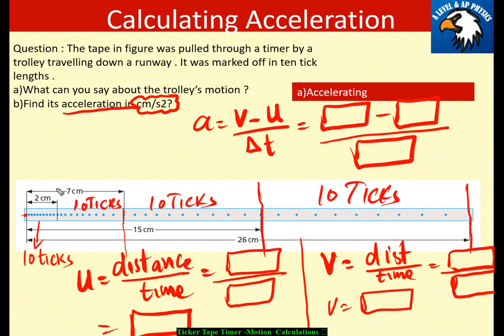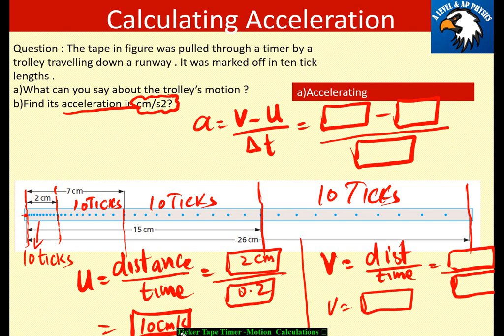Now let's take this part. What is the displacement? Displacement in this case is 2 centimeters, and it is 10 ticks, so the time is 0.2 seconds. If we solve this, we get the initial velocity as 10 centimeters per second.